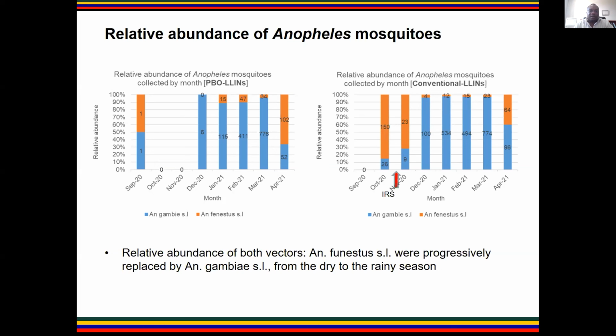And also, as we progressed from the dry to the rainy season, Anopheles funestus was progressively replaced by Anopheles gambiae. But we also observed a reversal towards the end of the rainy season, which was the month of April.